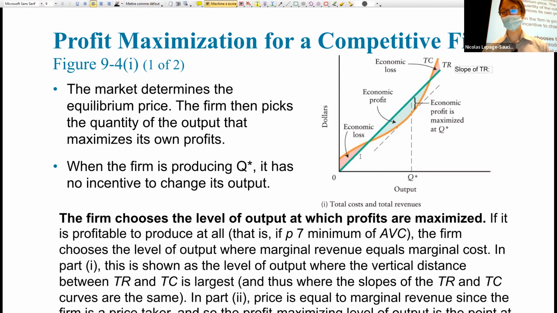So here the total revenue is how much revenue I make as a function of quantity produced. Imagine that the quantity is equal to 20 and the price is equal to 10. So what's my total revenue?